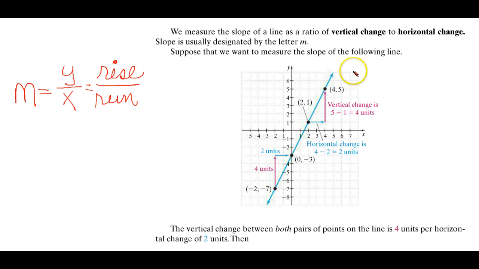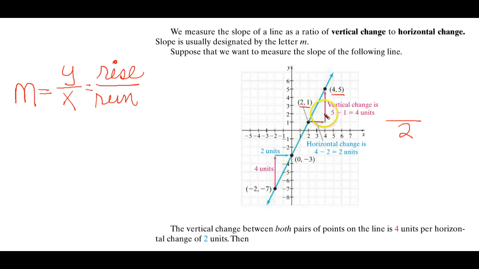If we look at a graph such as this, and we see that there is an ordered pair right there and an ordered pair right there, and these are right on the grid points, we could just make a little triangle and say, well, how many units are there? There's 2. So those would be our y units.